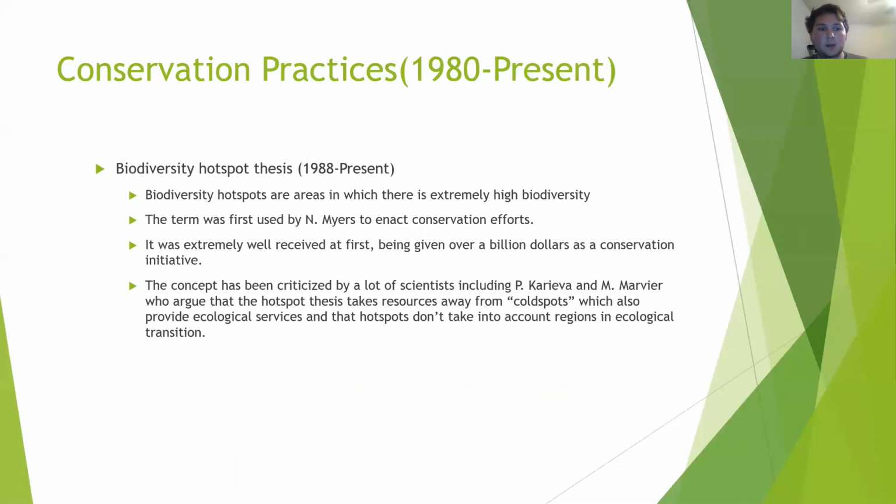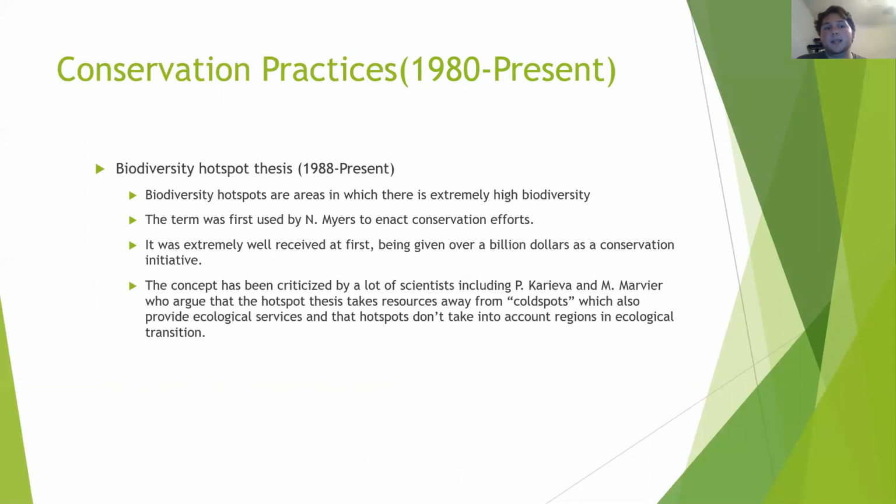So there's that. And finally, we get to the biodiversity hotspot thesis, which is the idea that certain areas are hotspots for biodiversity, that you have a ton of organisms in an acre of the Amazon rainforest versus an acre of Nebraska, that it makes more sense to preserve that 1 acre in the Amazon rainforest because you're going to get more bang for your buck.